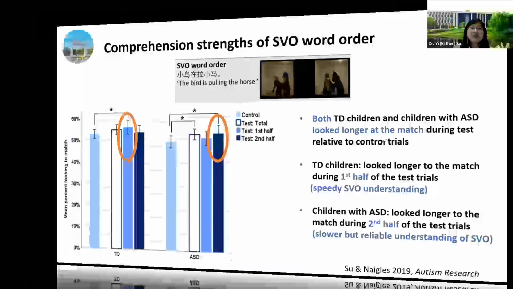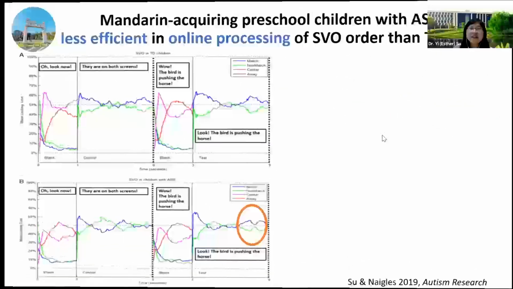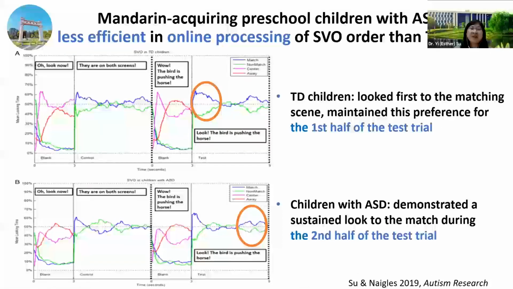We also looked at their online processing data, and we found that Mandarin acquiring preschoolers with ASD were less efficient in online processing of SVO order than TD children, because TD children look first to the matching screen and also maintain this preference for the first half of the test trial.